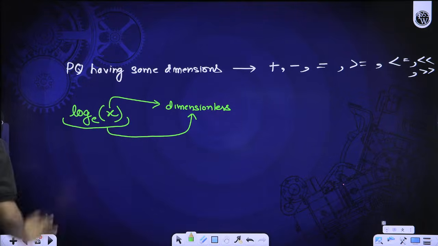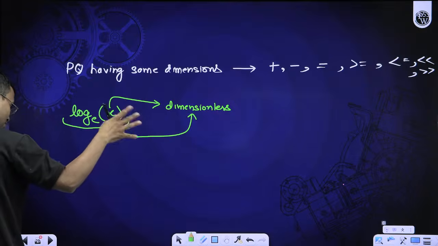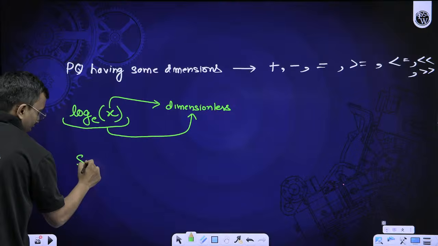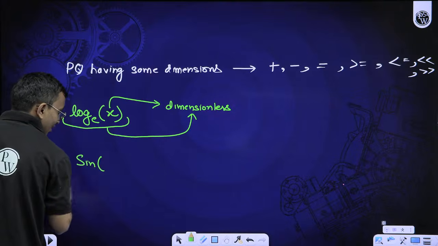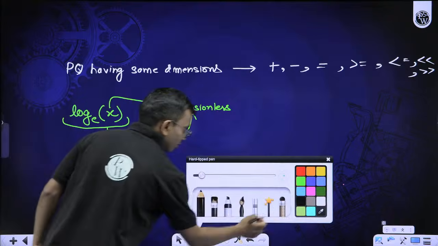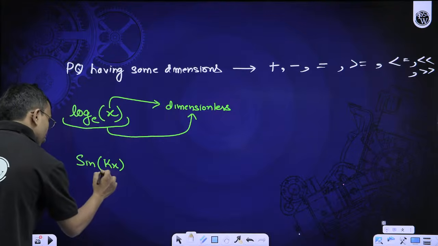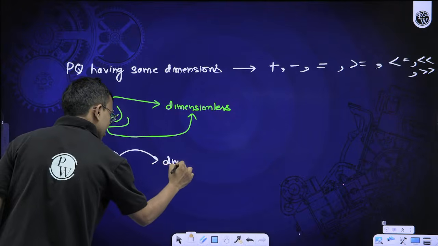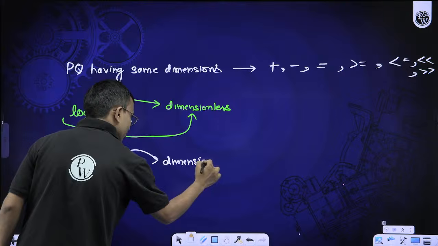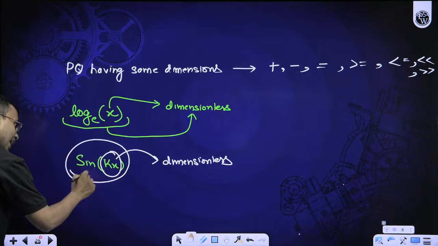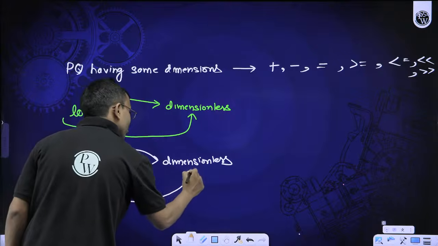Same thing with the trigonometric functions. Trigonometric means sine, cos, tan, and the inverses of them. If anything is inside sine, maybe sine of kx, this whole thing, this kx, is dimensionless, and this entire sine function is also dimensionless.